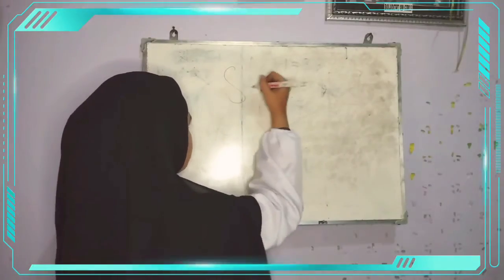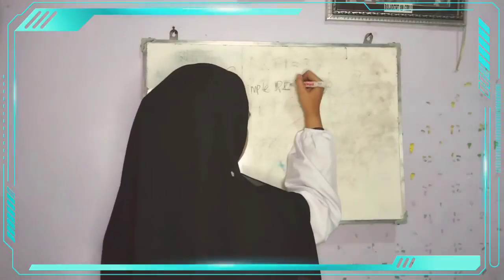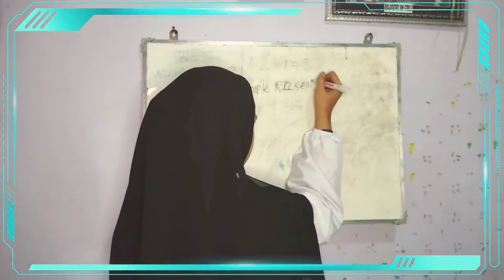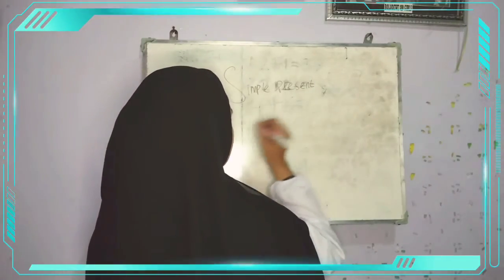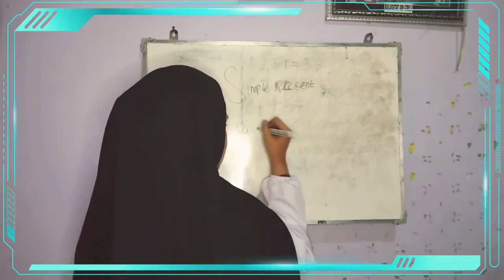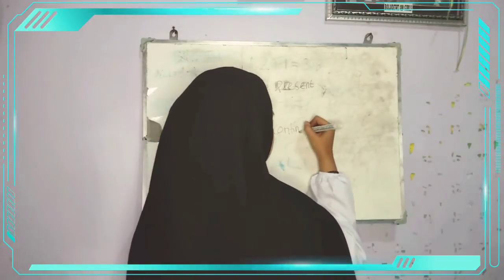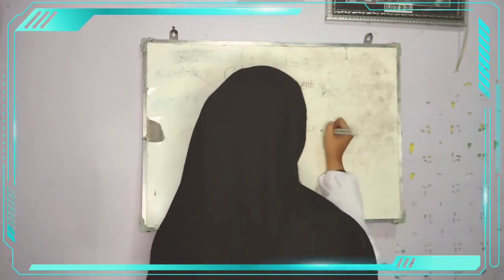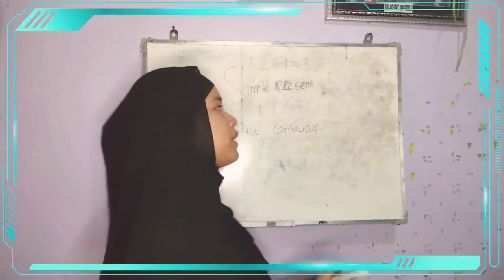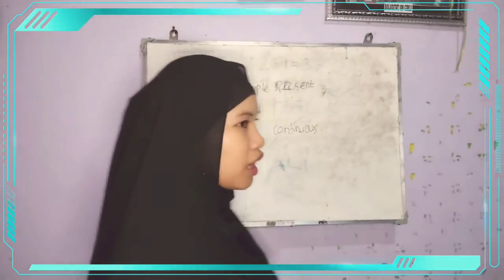The first tense is simple present, and up to past continuous. Who can explain simple present up to past continuous?